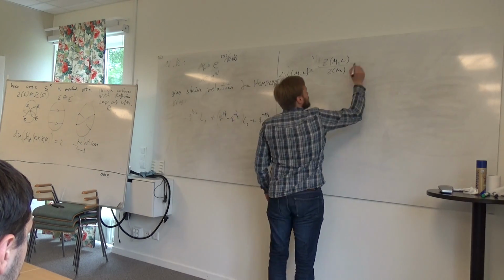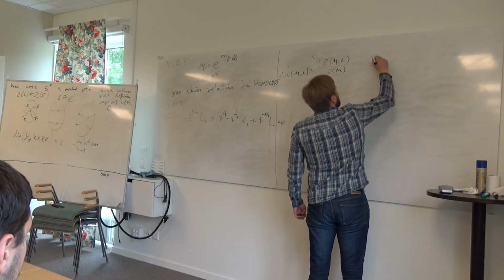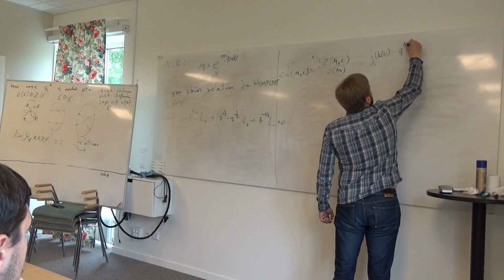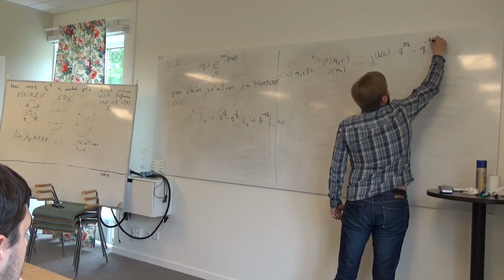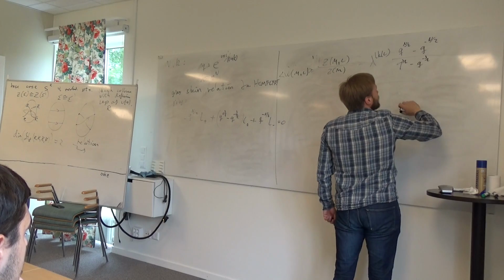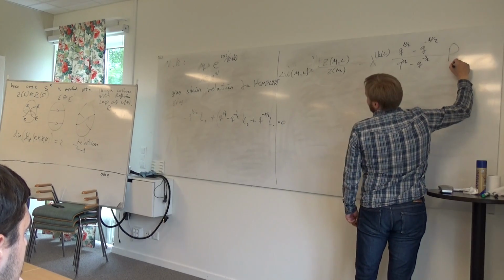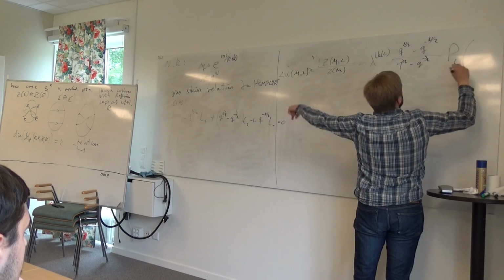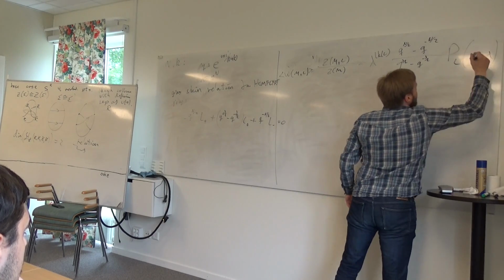This is, in this case, lambda to the linking number of L times q n half minus q minus n half divided by q 1 half minus q minus 1 half, the Humphrey polynomial of the link evaluated at the transformation q, lambda.